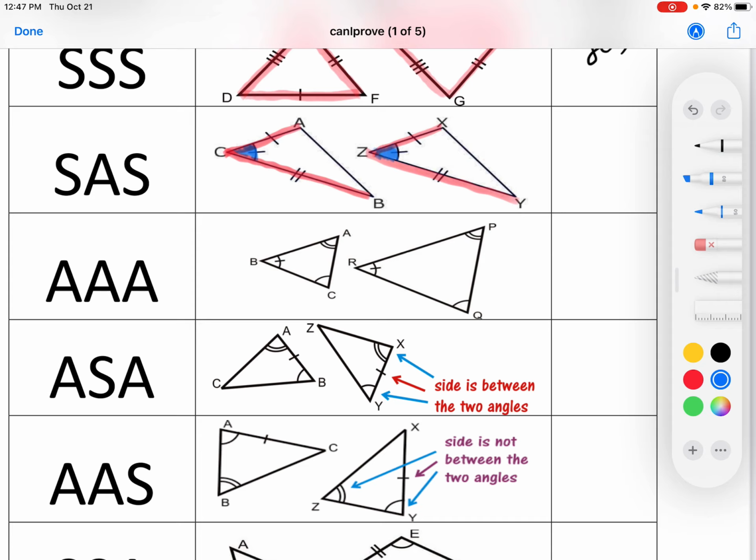So in this case, we've got two sides that are congruent, and it also tells us that the angle in between those sides is congruent to each other. Is that enough to prove that the triangles are congruent? The answer again is yes.